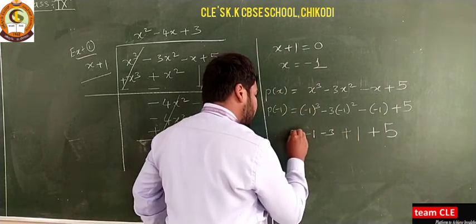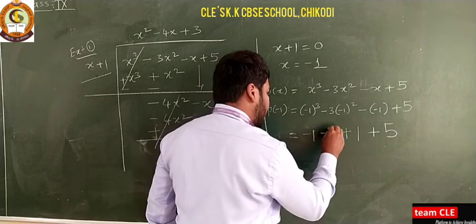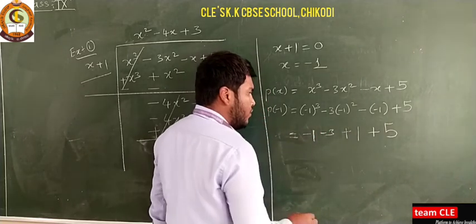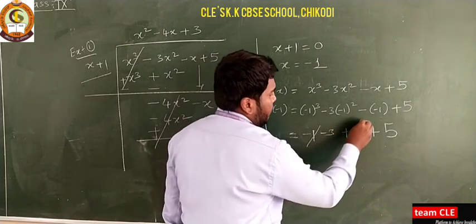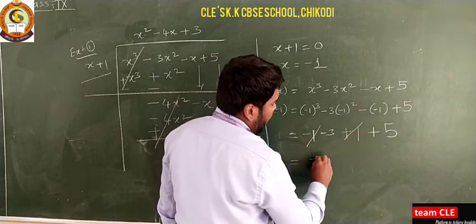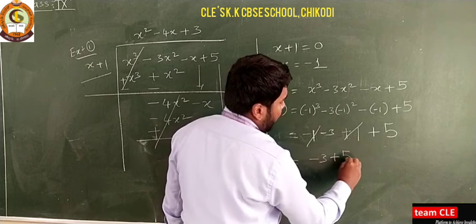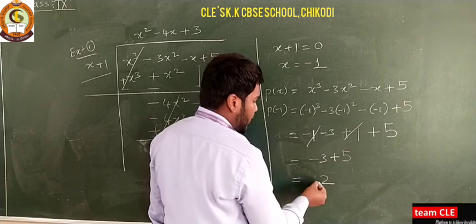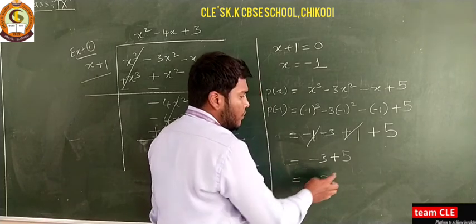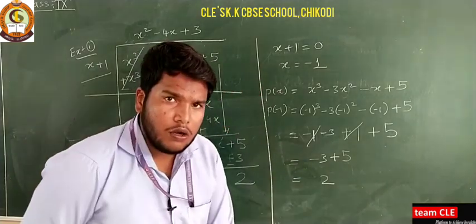So now the values are minus 1, minus 3, plus 1, plus 5. This is minus 1 and this is plus 1, so cancel them. Remaining is minus 3 plus 5. So 5 minus 3 equals 2. Seeing the greater number's sign, we keep the result positive.